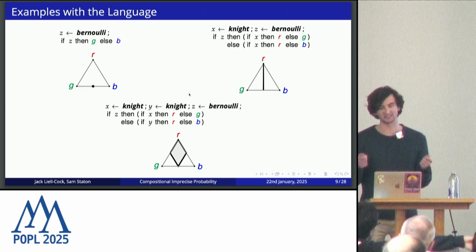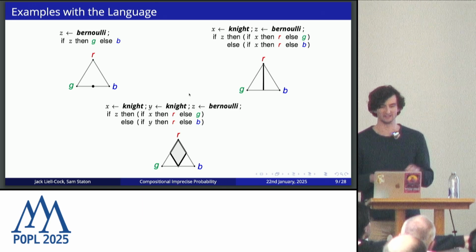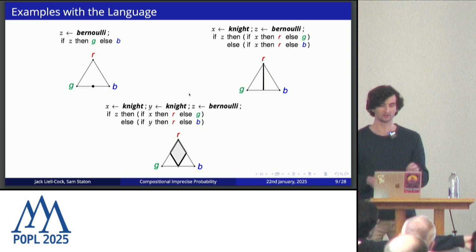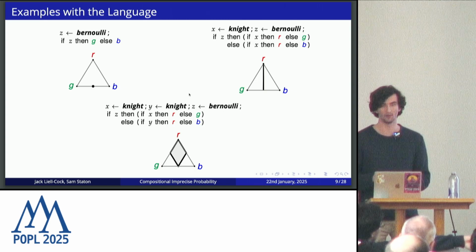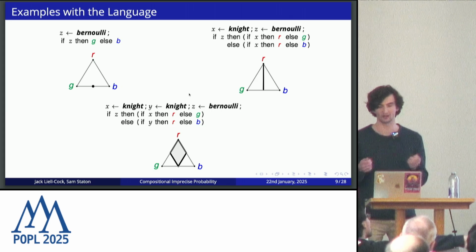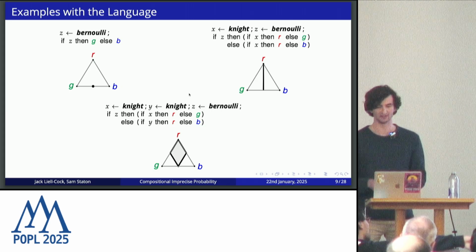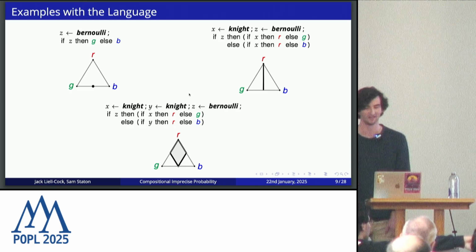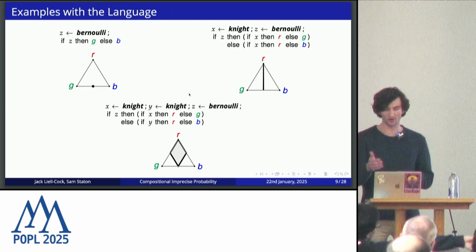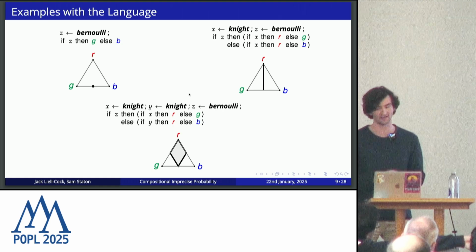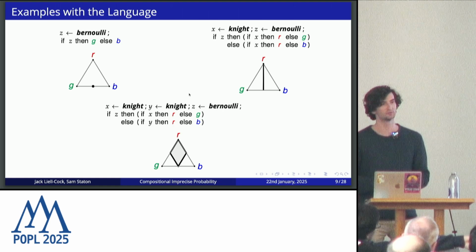If we increase complexity a little bit, now we have one Knightian choice, and based on what the result of the Bernoulli choice is, we will condition on the Knightian choice and return red, green, or blue in this second program, in the top right, sorry. We can interpret this program as a convex set, or imprecise probability, by looking at the two extreme values of the Knightian choice.